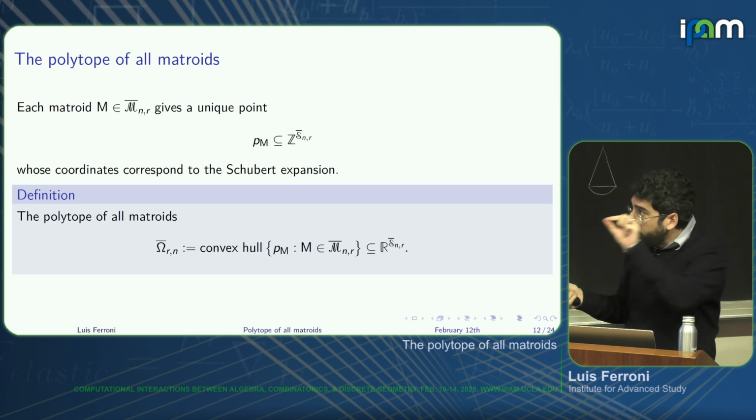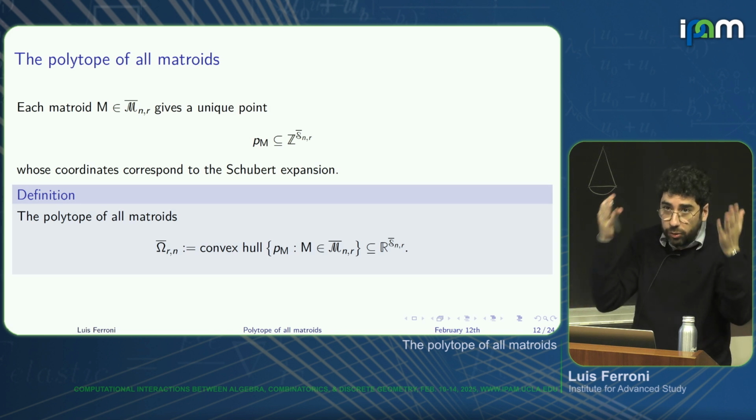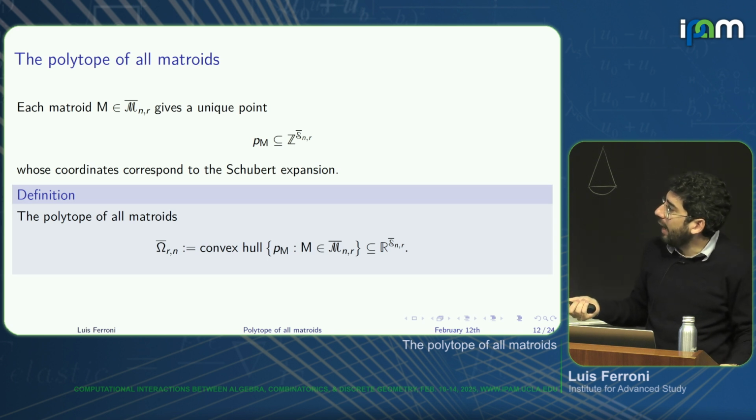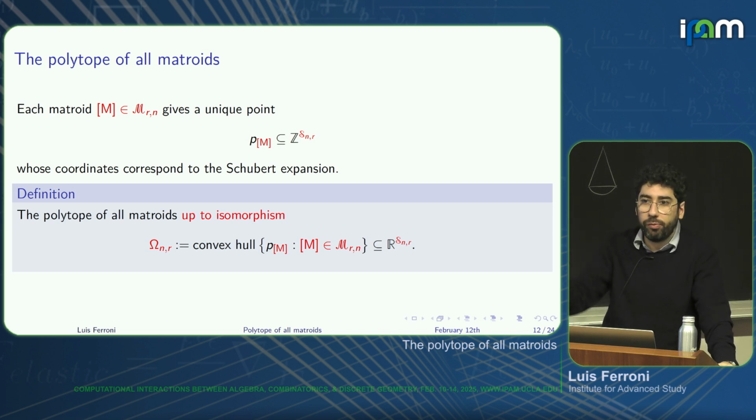And I will put as entries the A_S's that I showed you in the previous slide, which are uniquely defined. Then I take the convex hull in R to the number of Schubert matroids. Is it clear what I'm doing? Okay, you can do the same game, but up to isomorphism, and you will end up with another polytope.